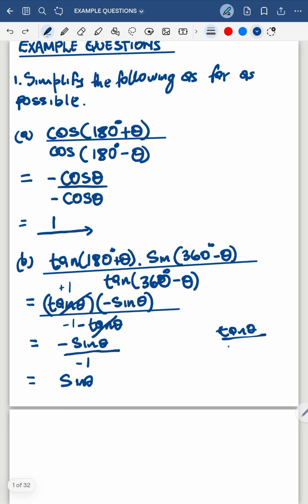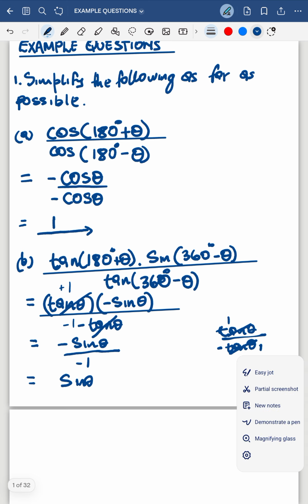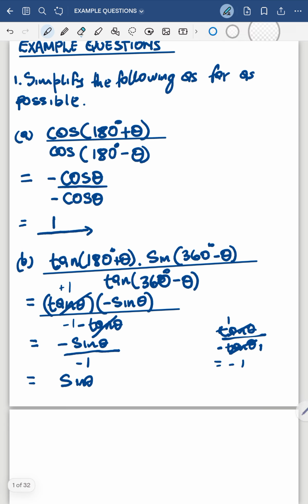So let's divide with tangent theta again. Here this one is negative. So you divide this tangent with this tangent, then there will be -1 here and 1 here. You see, then the answer would be -1. So don't confuse the signs when dividing. Always keep your signs.